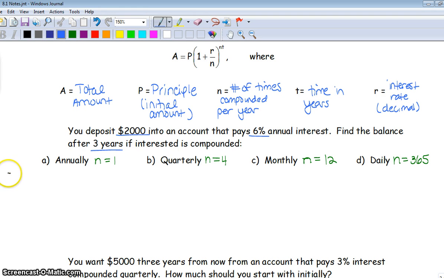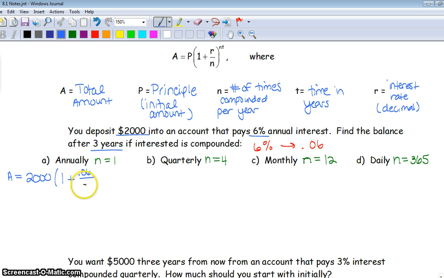So I want to find the amount, A. I invest my principal of $2,000, 1 plus my rate, 6% is 0.06. That's a decimal.